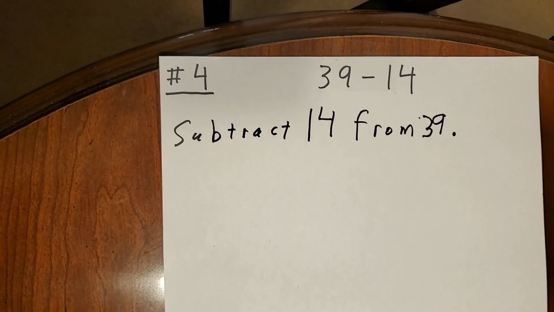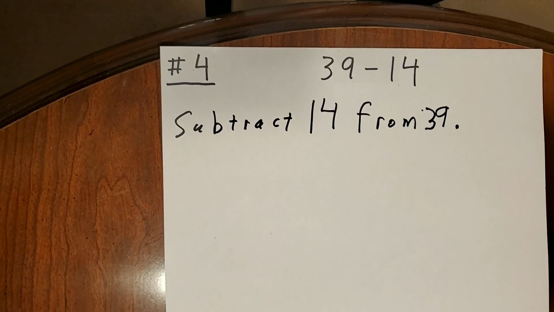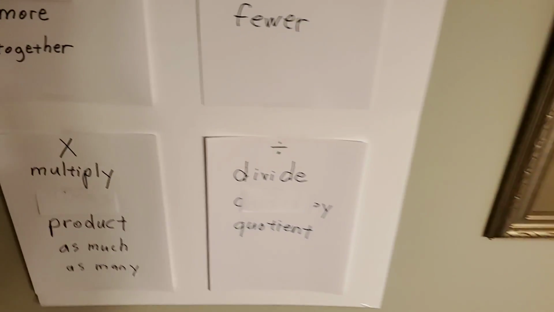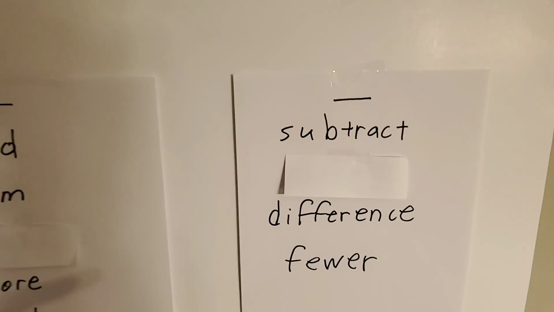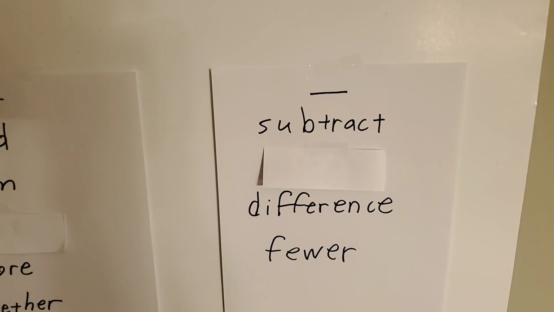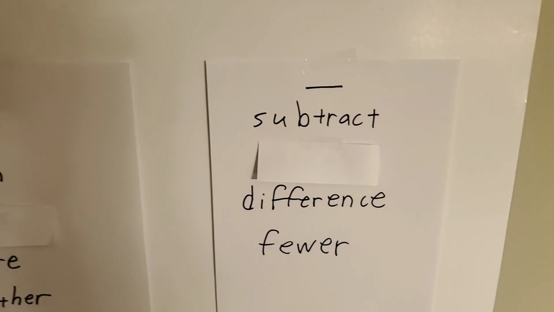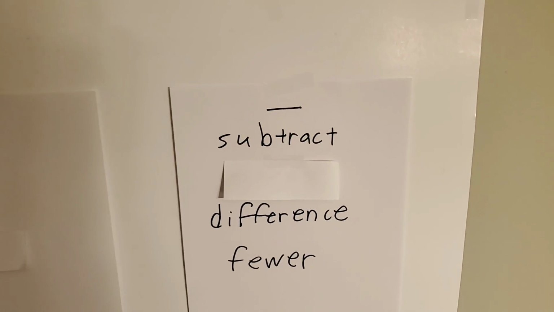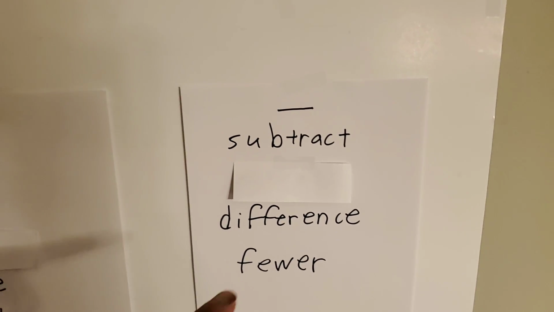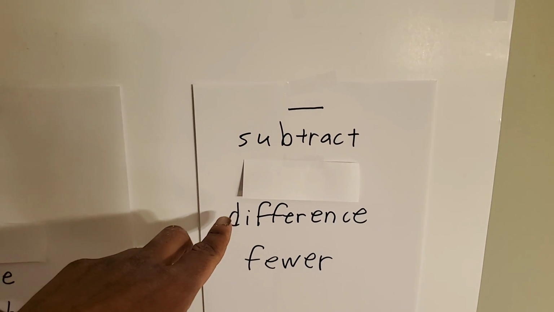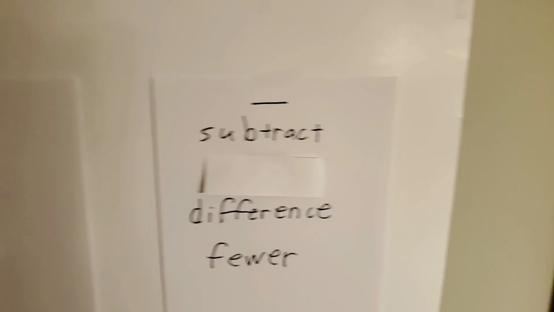But you know what? I think there's another sentence I can write. Let's go back on our list. Let's go back to the subtraction sign, the minus sign. I don't think I want to use fewer. Maybe some of you are doing problem solving. I think I'm going to use difference. Let's try the difference.